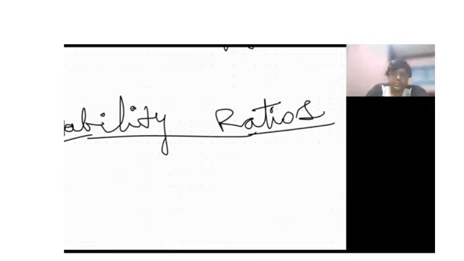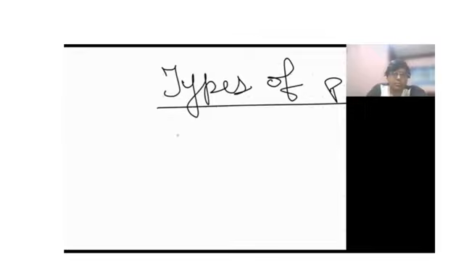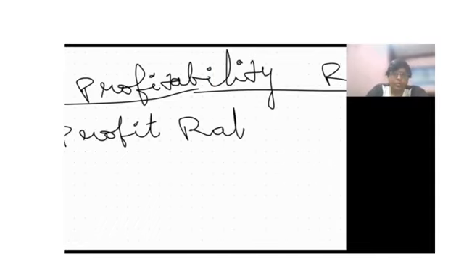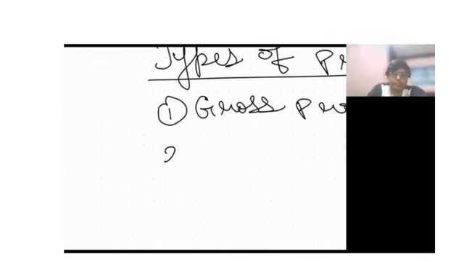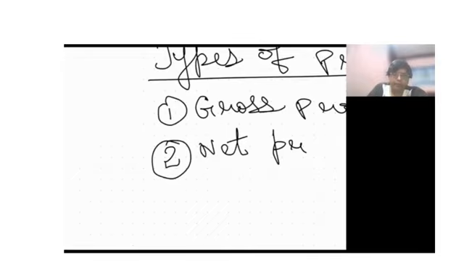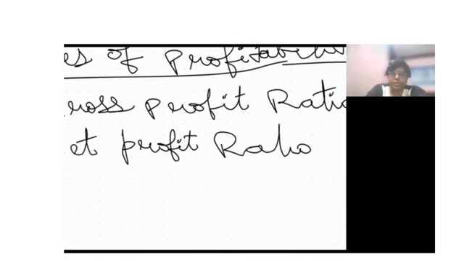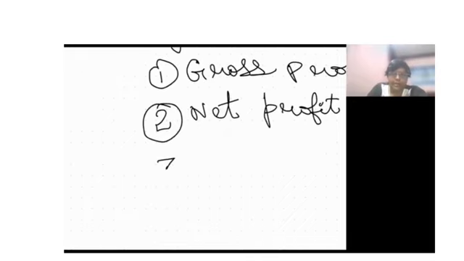And in this, we are going to learn number 1, gross profit ratio, number 2, net profit ratio, and number 3, operating profit ratio.